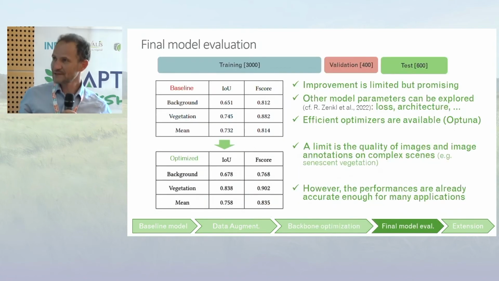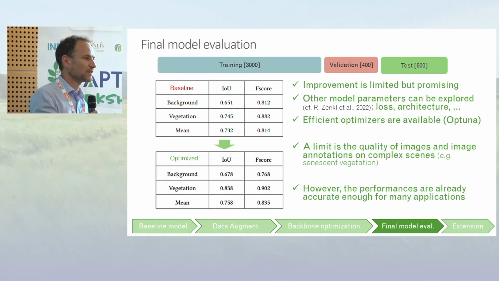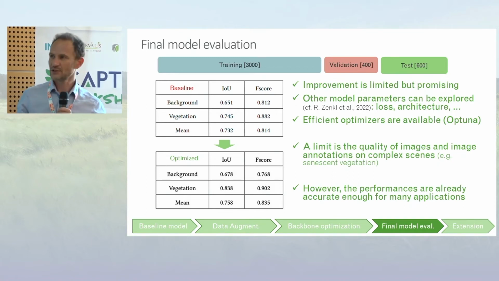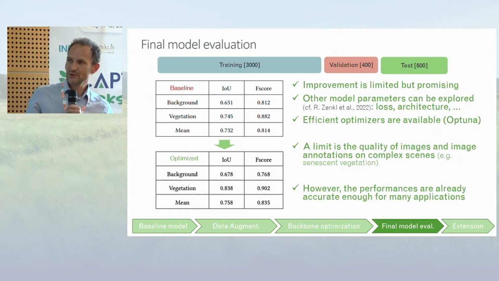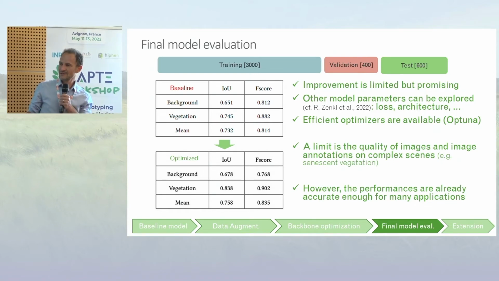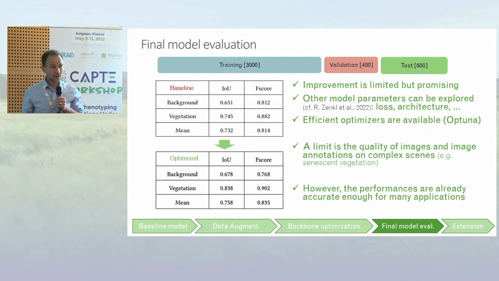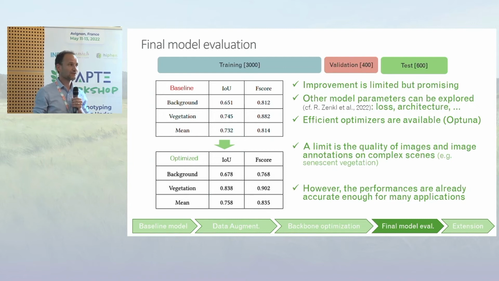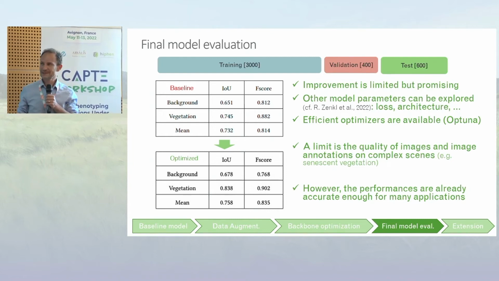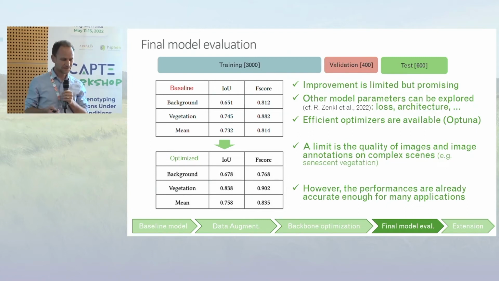If we combine these two optimizations, one on the backbone and one on the data augmentation, we can see that we improved a little bit the overall performances of our segmentation model. As often, the improvement is not dramatic, but it's quite promising.